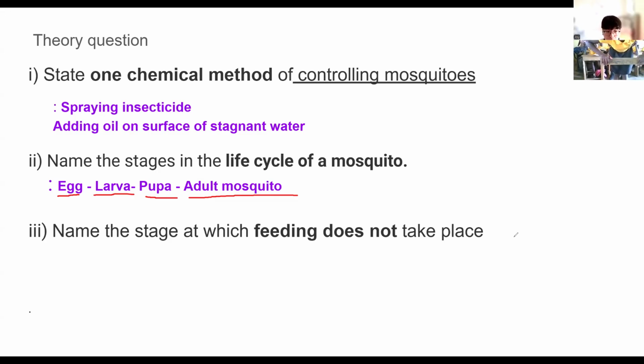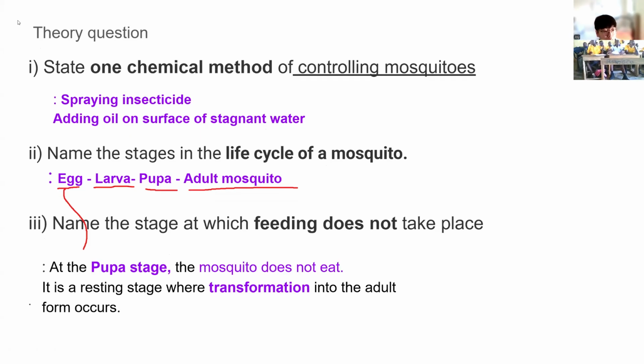Egg. So maybe A, as in the eggs. So egg actually is not the right answer. The stage at which feeding does not take place is the pupa.